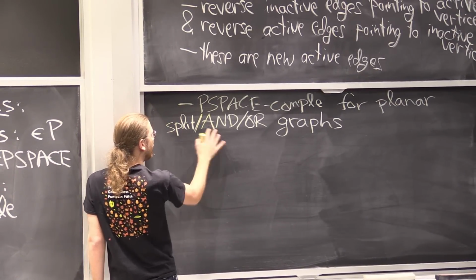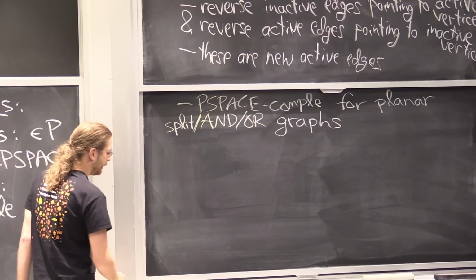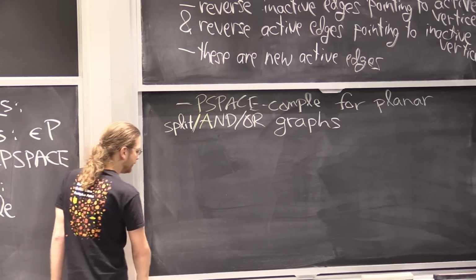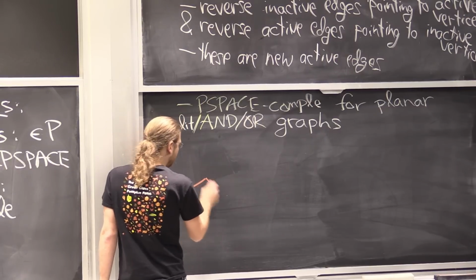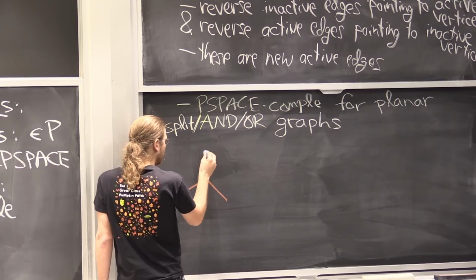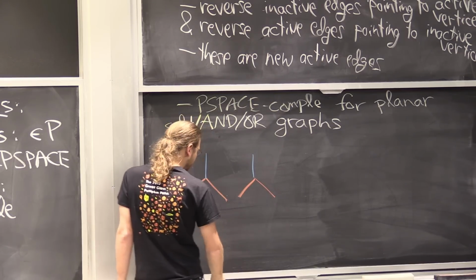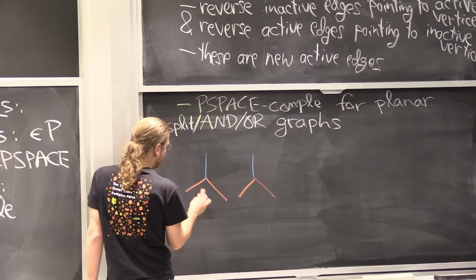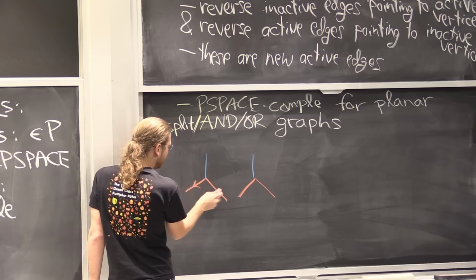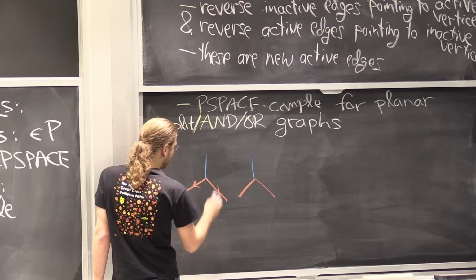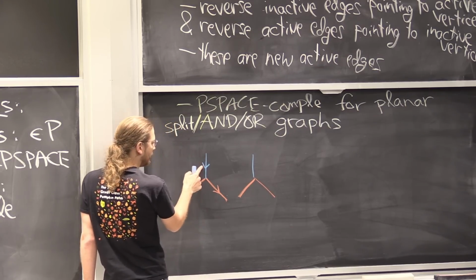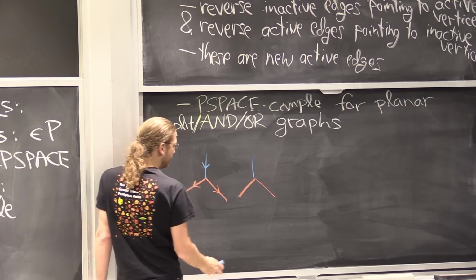So normally we think of AND and OR as the same thing, but it is helpful to distinguish them based on their initial orientations. So an AND would probably be this way, because you want to activate this, and you can only do that if both of these have been activated.